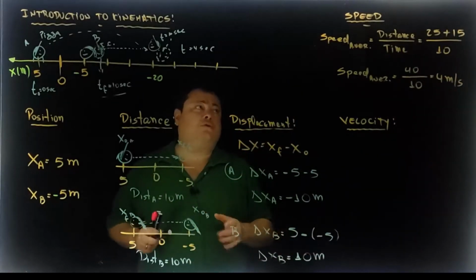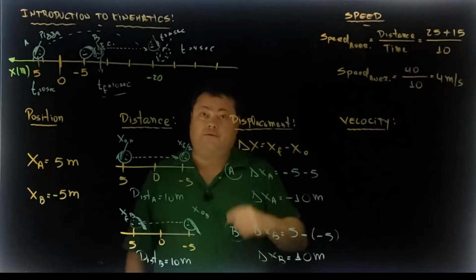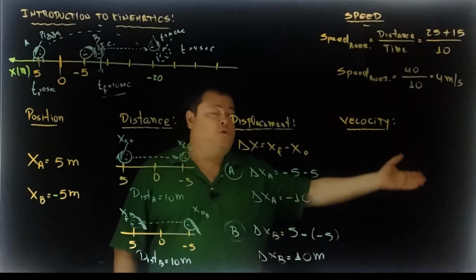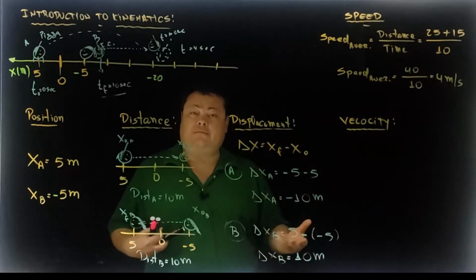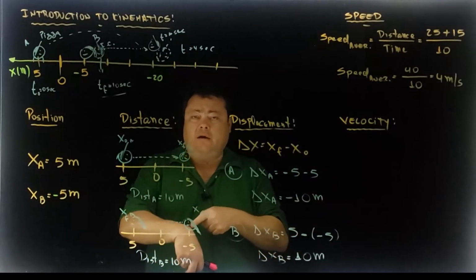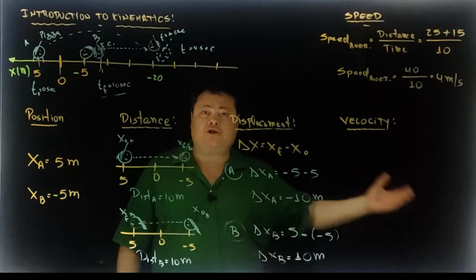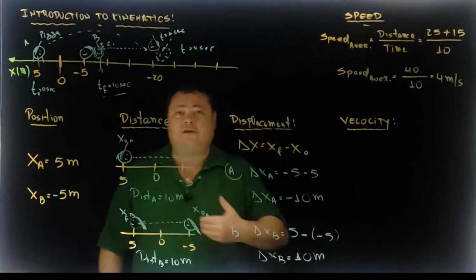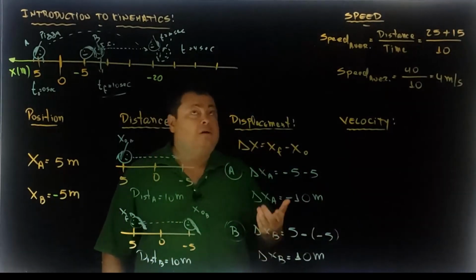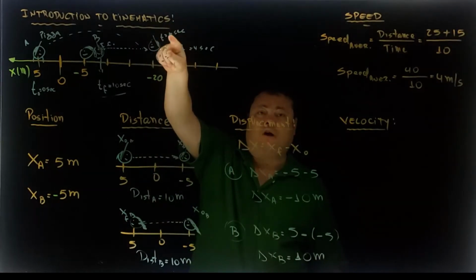Couple things here to note. Number one, distance is always positive. So it does not matter if it's going one way or the other, I'm always adding. The same way that as I'm walking and I have my Fitbit or whatever measuring how many steps I do, it does not matter which direction I'm moving back and forth, it's just always adding steps. Another thing is, it does not matter for me if I stopped or not.